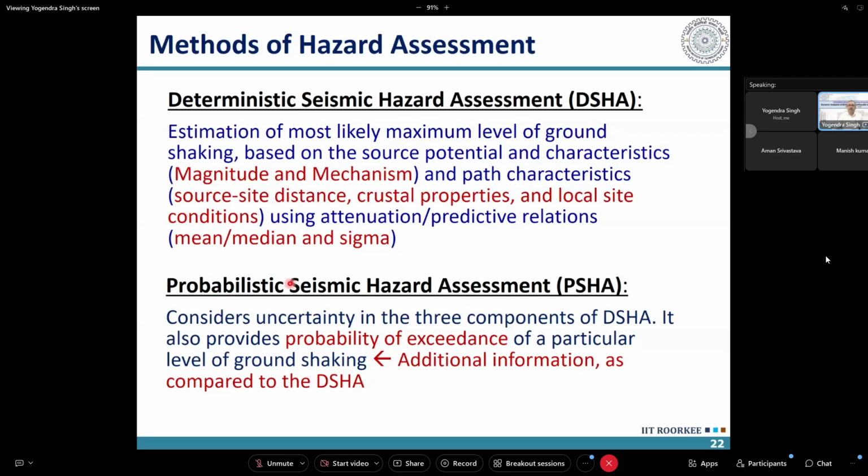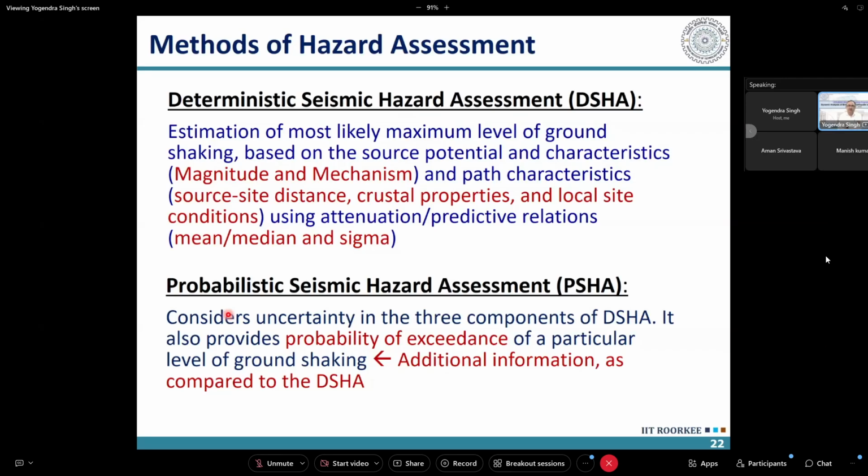In probabilistic seismic hazard assessment, as we understand, in addition to the amplitude of shaking or the response, it also provides the probability of exceedance.